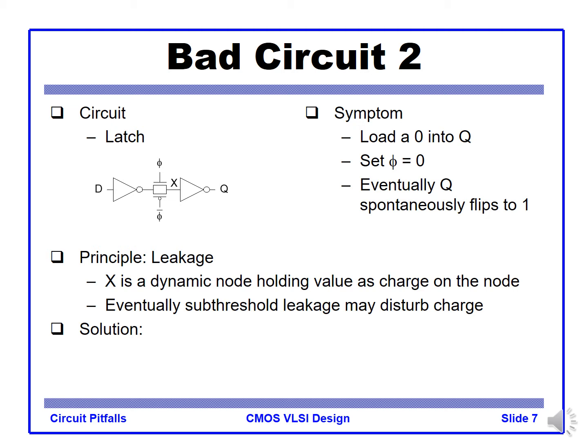The charge on that node is holding up the voltage VDD, but any leakage, sub-threshold leakage through this transistor, so we have a VDS leakage there that will disturb the voltage on X, right?